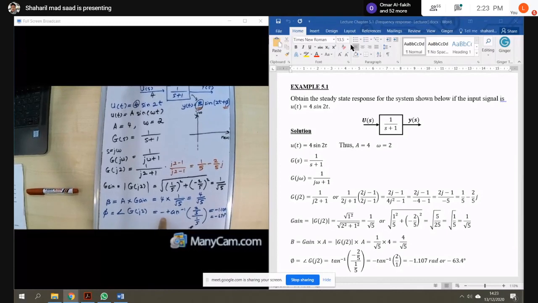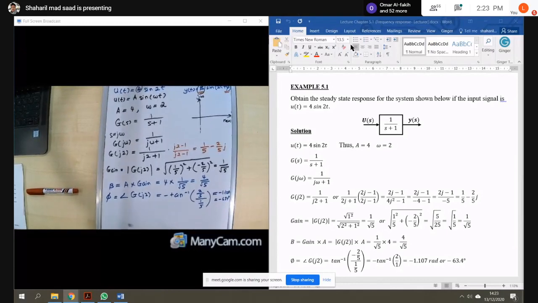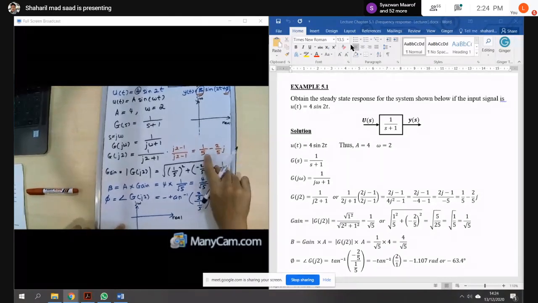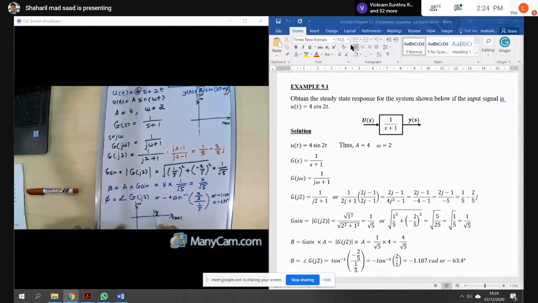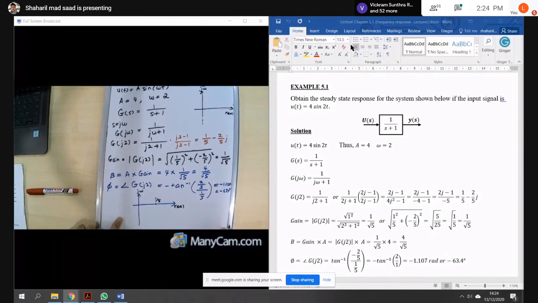Why do I put a minus here? If you try to plot it, this is your j omega axis and this is your real axis. The point 1 over 5 is here, and minus 2 over 5 is here.